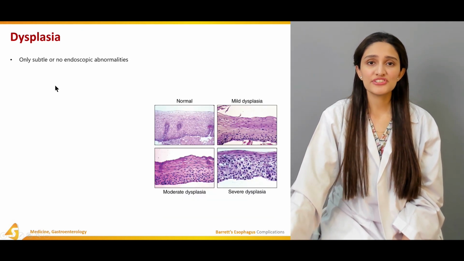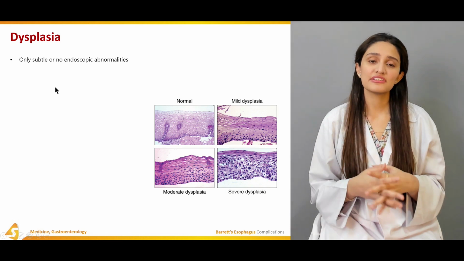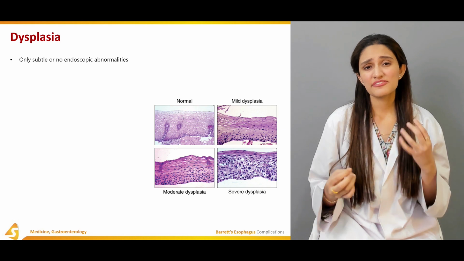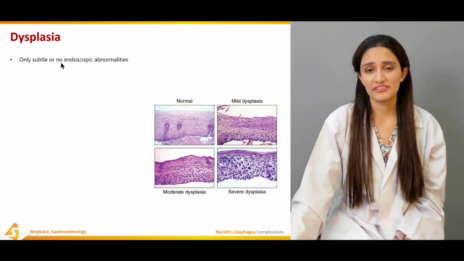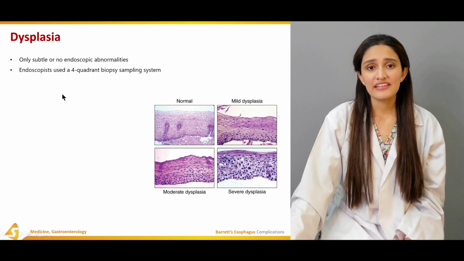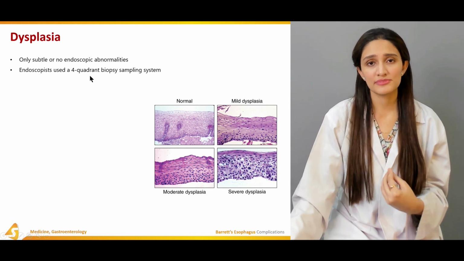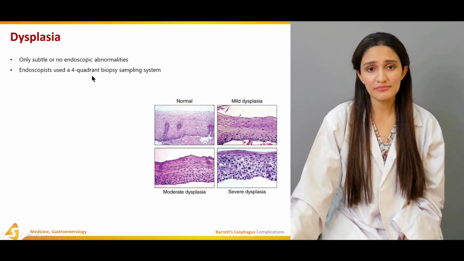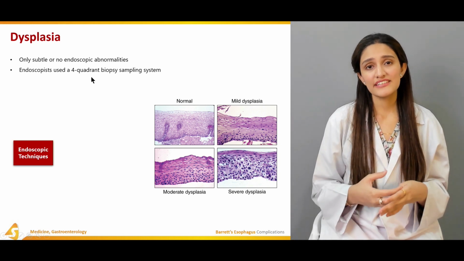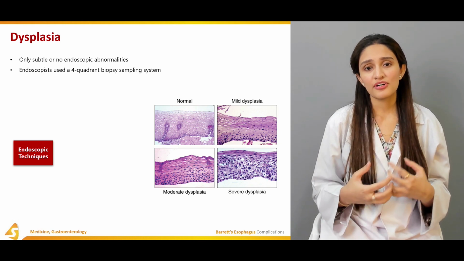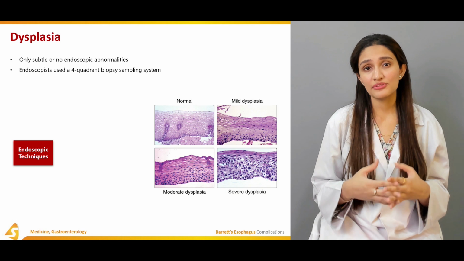When we see dysplasia through the endoscope, it often causes very subtle or no endoscopic abnormality. The endoscopists usually use a 4-quadrant biopsy sampling system. And these days, the researchers are using various types of new endoscopic techniques.